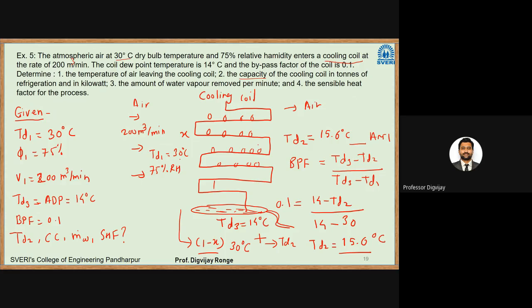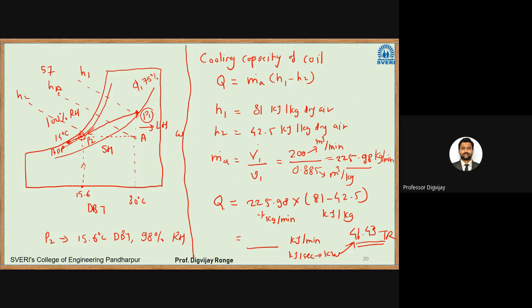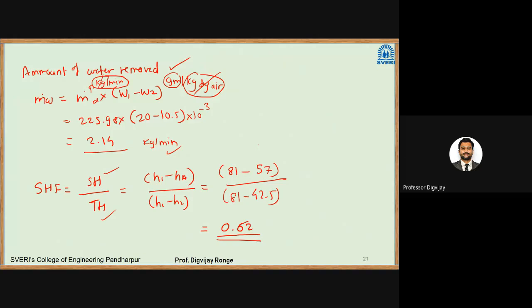In short, cooling is happening, and we are also removing the moisture content. We solved this numerical in the last lecture. What was asked was the final condition, the cooling capacity of the coil, and the sensible heat factor.